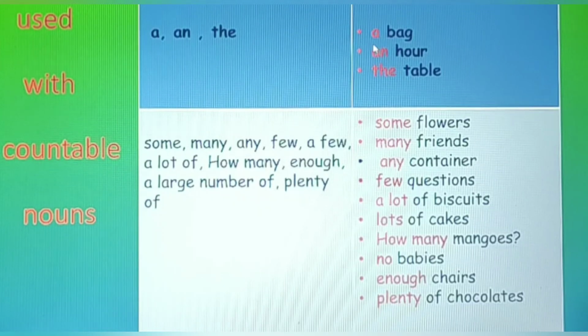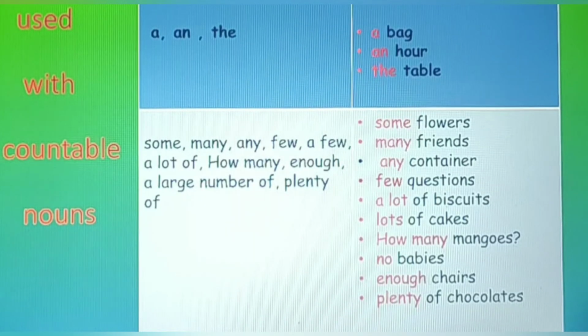For example, a bag. I have a bag. An hour. So if a noun starts with a vowel sound, we use an. A, E, I, O, U are vowel sounds, right? So if I say apple, the word starts with A, so I will write an apple.